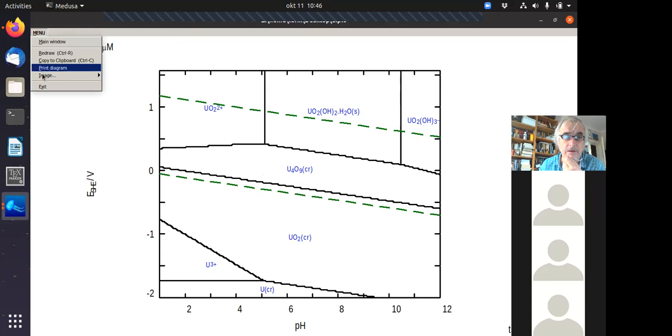I was thinking, in these diagrams that we've been looking at, we have the water box, but what is the typical spectra that you'd find in water? What reduction potentials would you find in the environments?